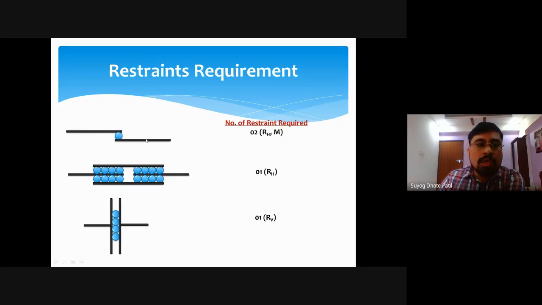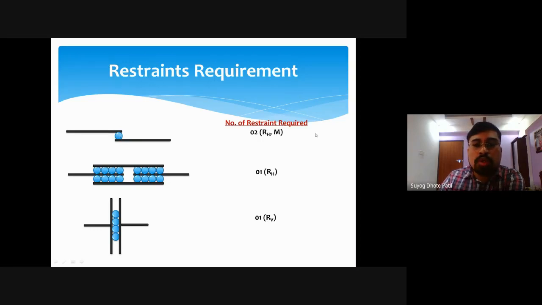If you consider this a platform, the beam can't move in the vertical direction. But at this point the beam can rotate. This joint can displace anywhere, and it can rotate either clockwise or anti-clockwise.